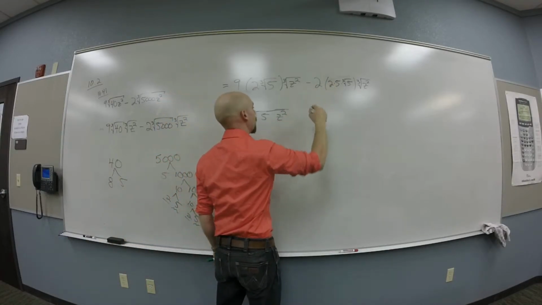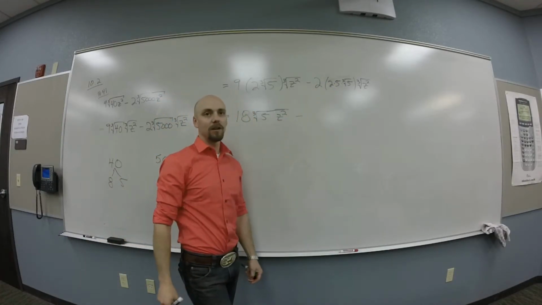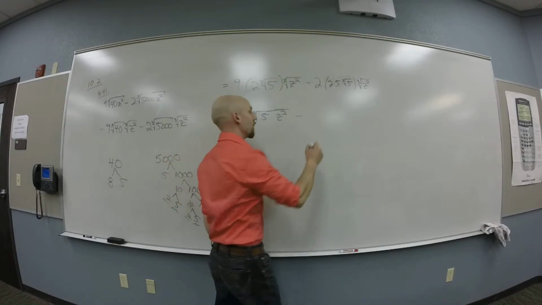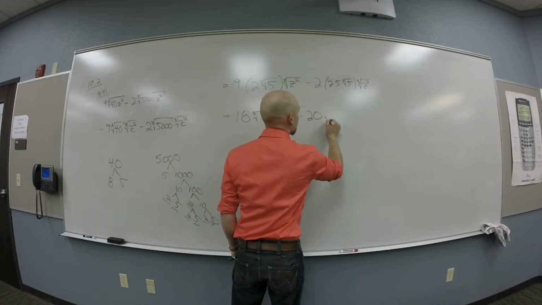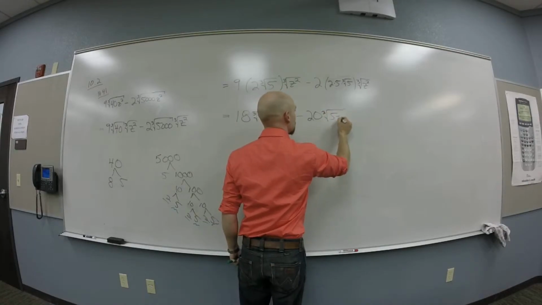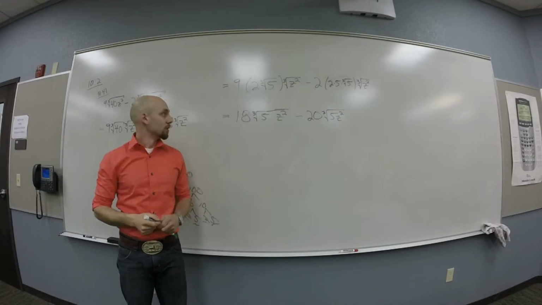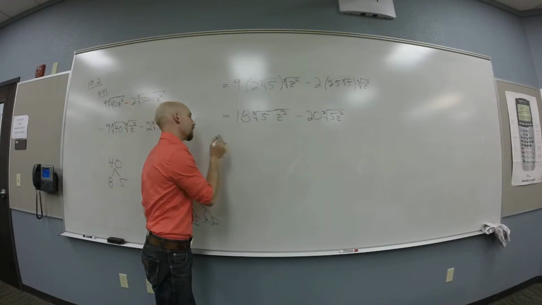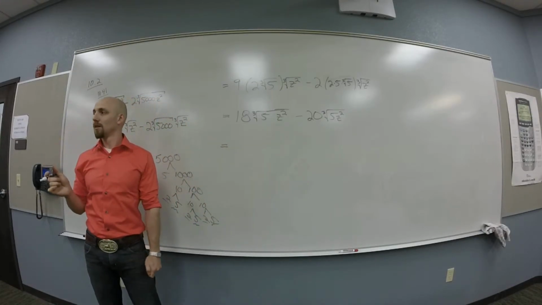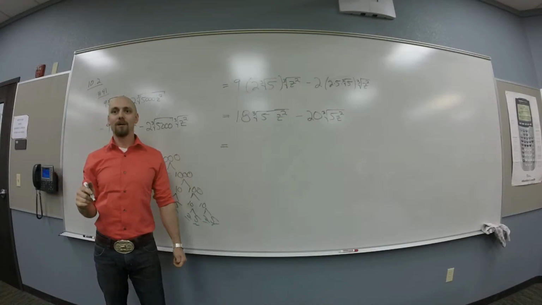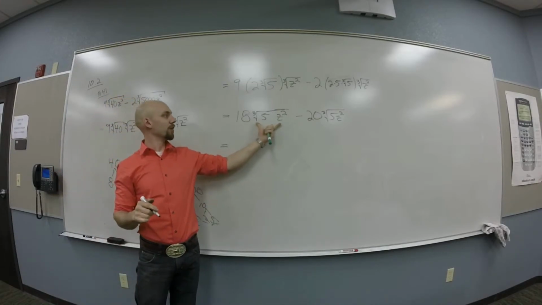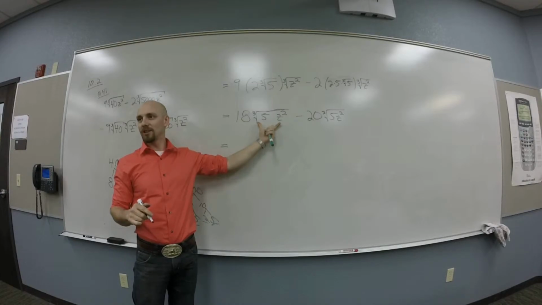How many of them are over here? There's a minus 20, and then there's cube root of 5z squared. So what am I counting and how many are there? I'm counting cube root of 5z squareds.